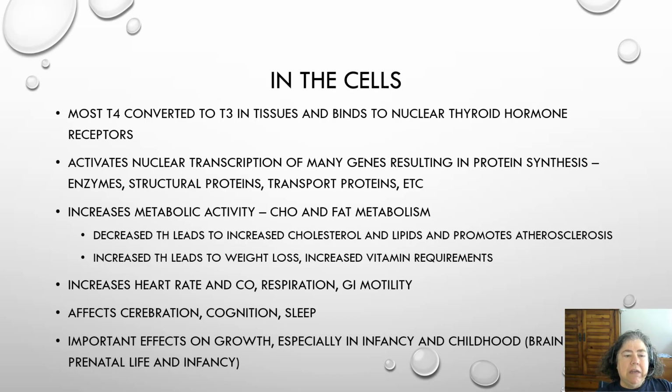In addition to an increase in heart rate and in cardiac output, I mentioned an increase in respiration. People with excess thyroid hormone may also have an increase in GI motility. So, hyperthyroidism results in tachycardia, tachypnea, potentially cardiac arrhythmias, and sometimes diarrhea.